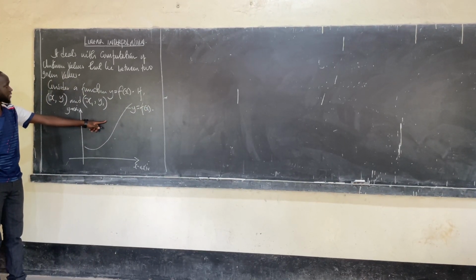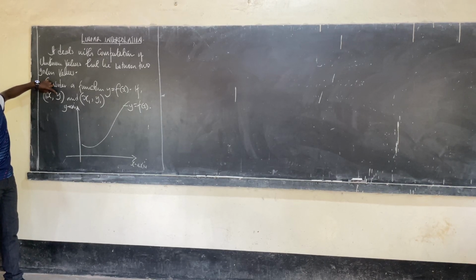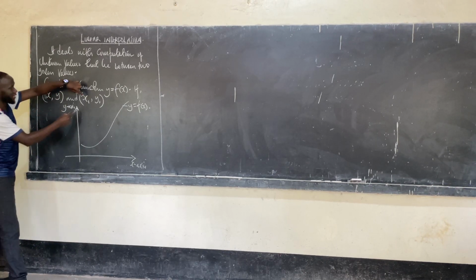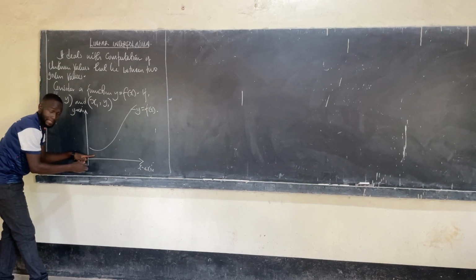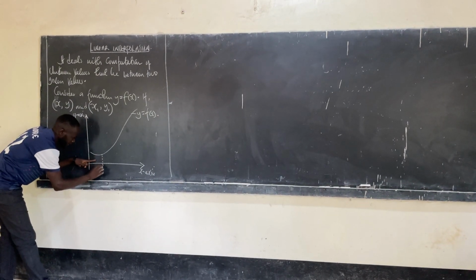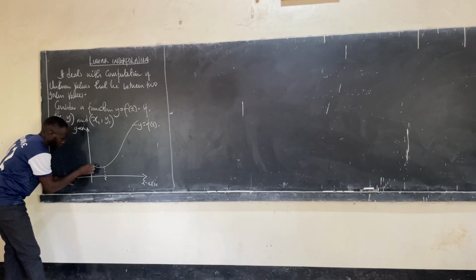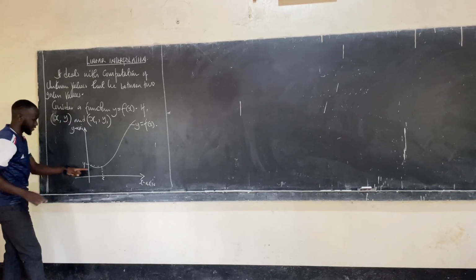If we say the first coordinate is x0, y0, let's assume this being the x-axis, so this is, say, x. The corresponding value on the y-axis shall be y.